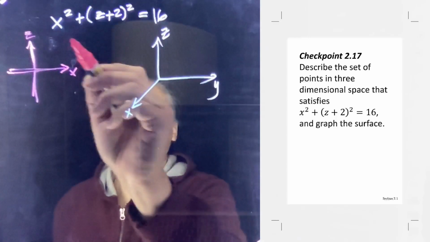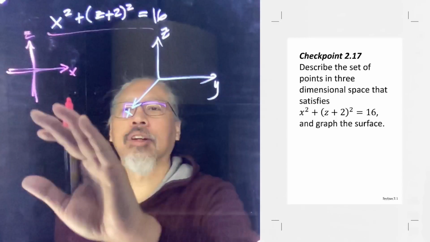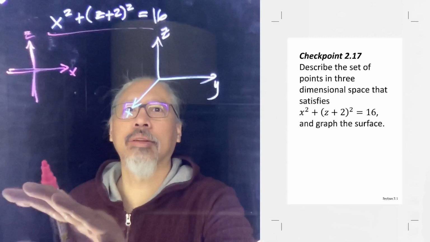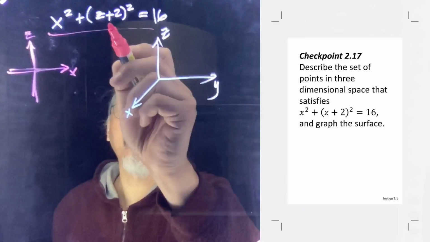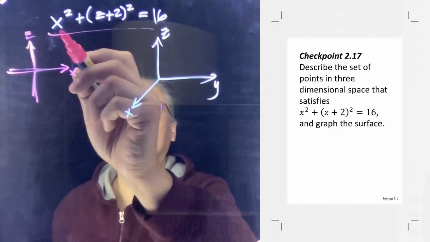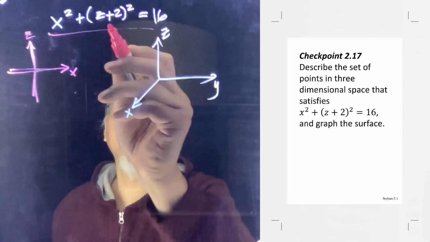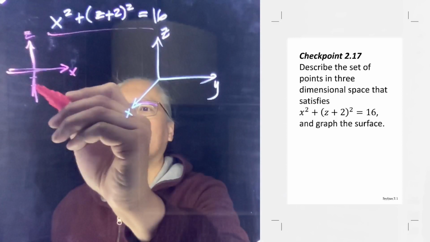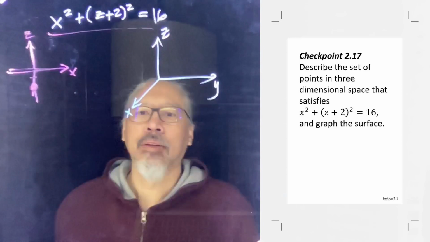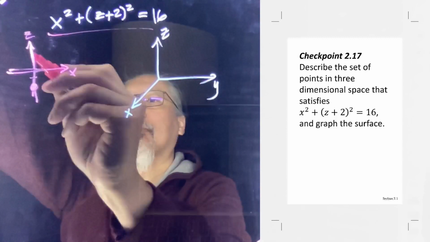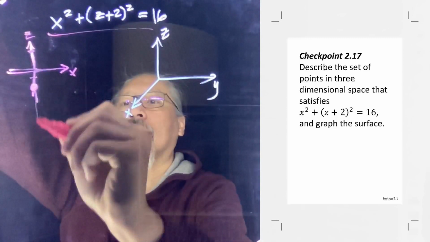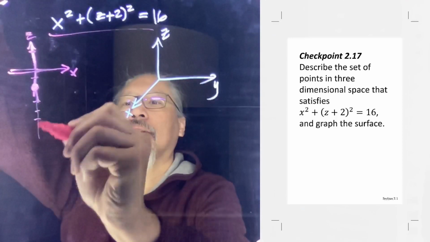Now this is a circle. If we just look at it on the xz plane, it's a circle of radius 4, and it has a center at 0 in the x and negative 2 in the z. And its radius is 4. 1, 2, 3, 4.